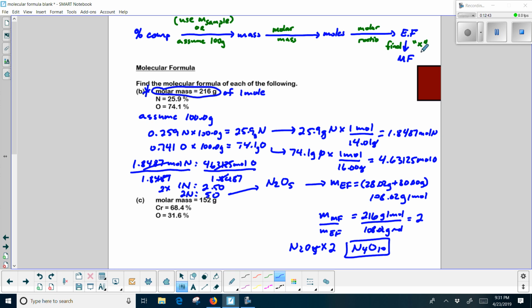Then I had to figure out how much I had to multiply the empirical formula by to get my molecular formula. So we compared the mass of the empirical formula to the mass of the actual compound, the molecular formula. We found the molecular formula is twice as big. So we need to have twice as many of all these atoms. So our formula is N4O10. So that's it.